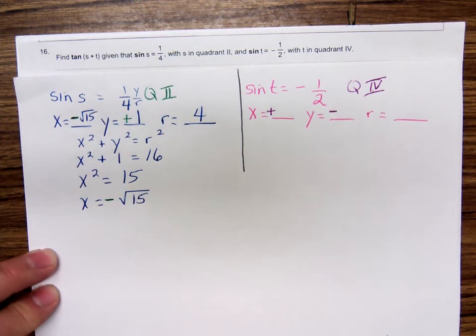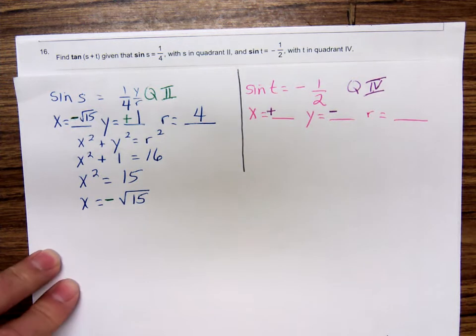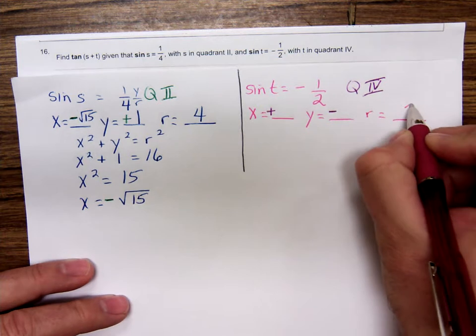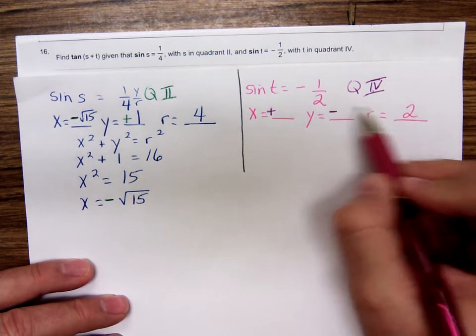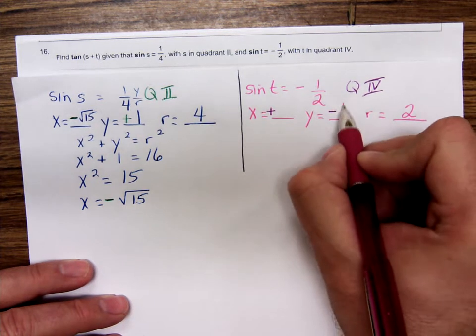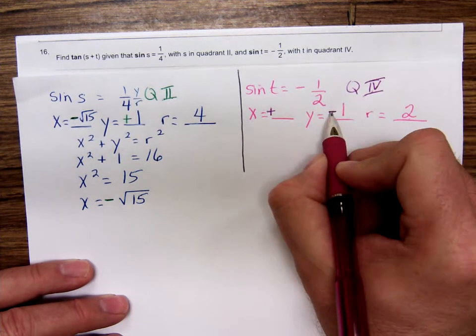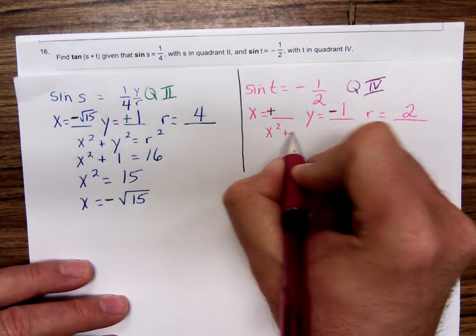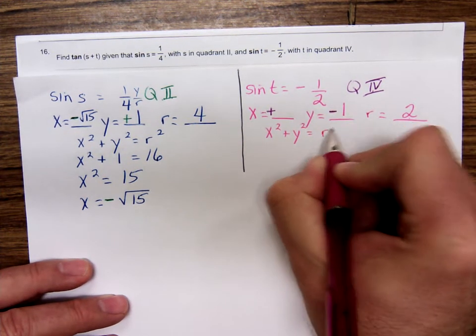Now, coming over here, doing the same thing for T. Sine is Y over R. Well, R is always positive, so R is the 2. Y has to be the negative 1. And we knew Y should be negative, and it is. X squared plus Y squared is R squared.